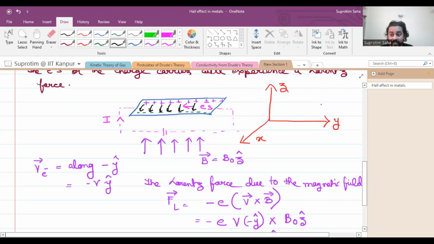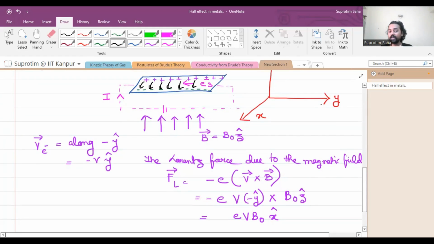There will automatically be an electric field. So you applied an electric field along the longitudinal direction of the sample.